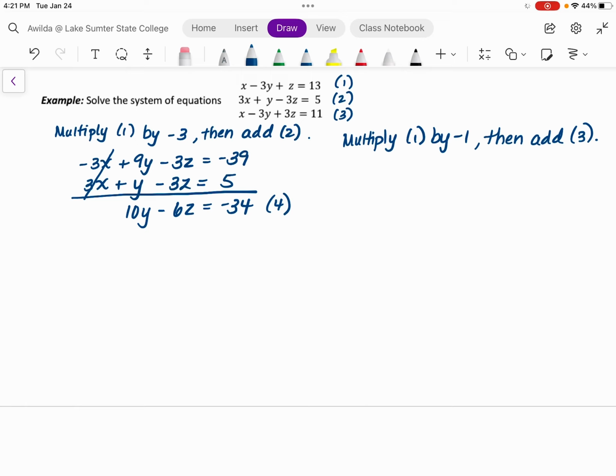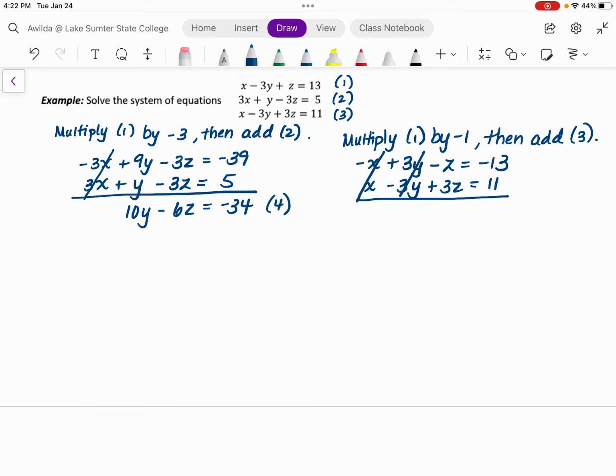When I multiply the first equation by -1, I get -x plus 3 times y minus z is equal to -13. I'm going to write equation 3 unchanged. Here we have that negative x plus x is 0, as intended. 3y plus negative 3y is also 0.